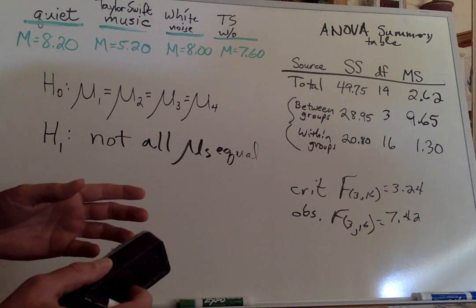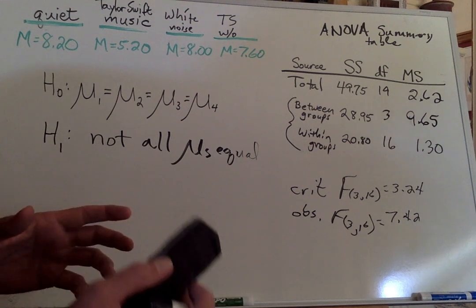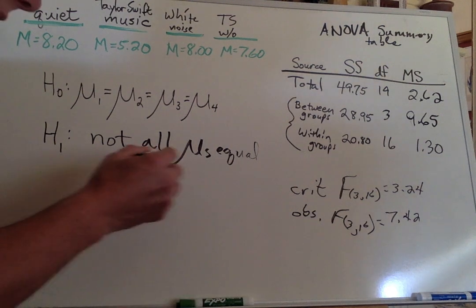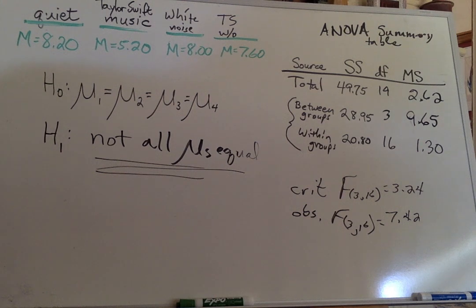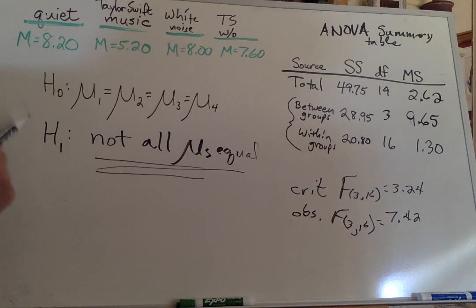So believe it or not, we need to do one more step before we're finished here. Okay? We need to do one more step so we can decide which of these alternative hypotheses is likely to be the case. We reject this. They are not all equal. Okay?